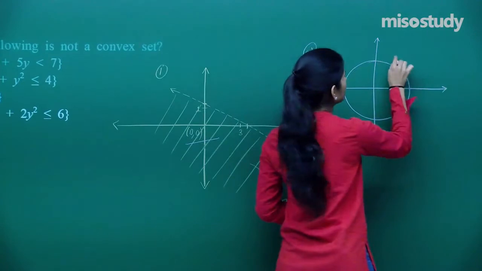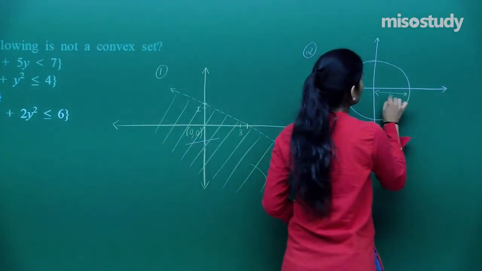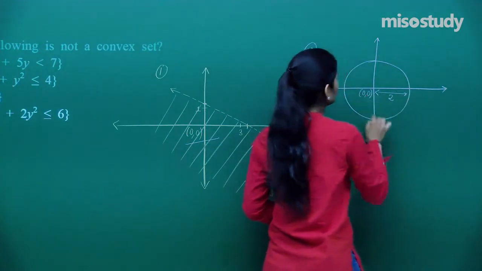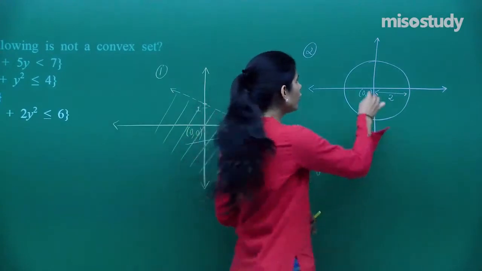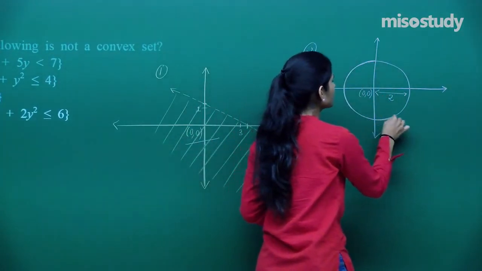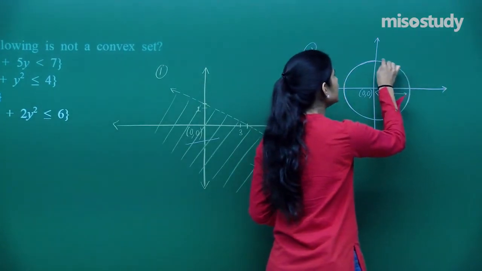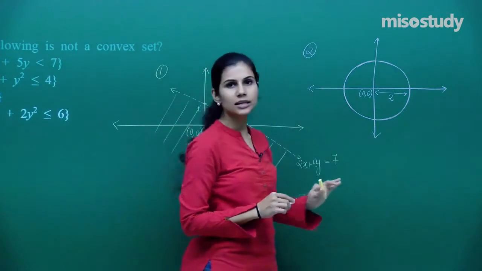x square plus y square equal to 4 is a circle with radius 2 centered at origin, and it is satisfied by all the points on the boundary of the circle.